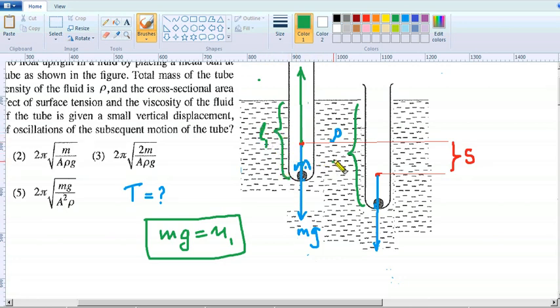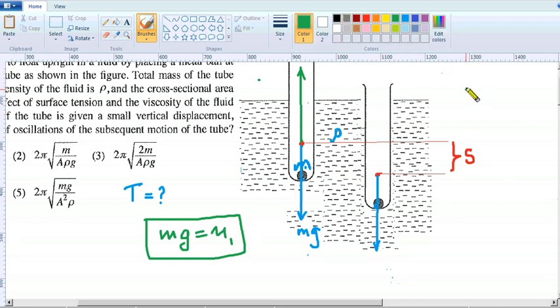This L1, this L2. L2 is greater than L1. Therefore, the volume of water that is displaced the second time is greater. Therefore, the upthrust also must be greater.